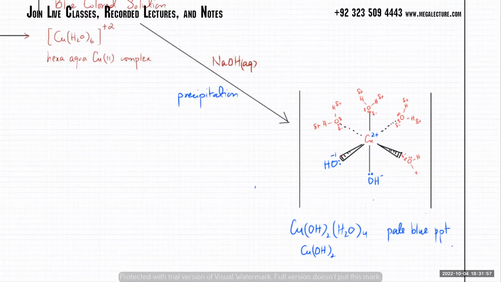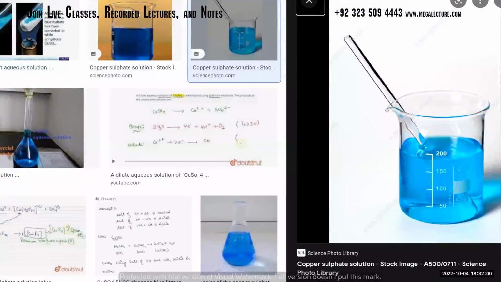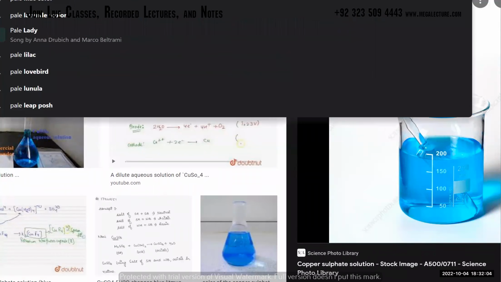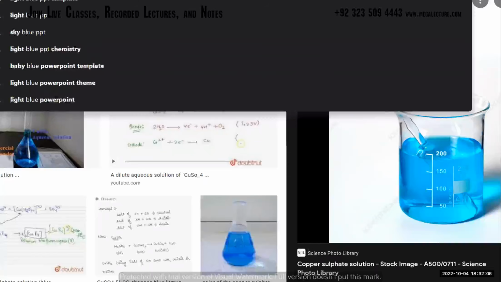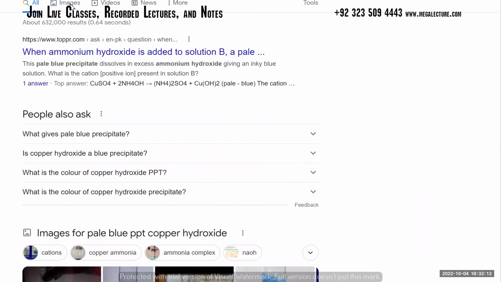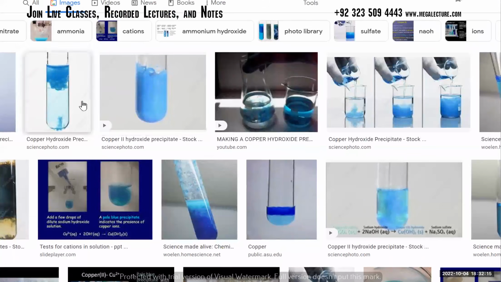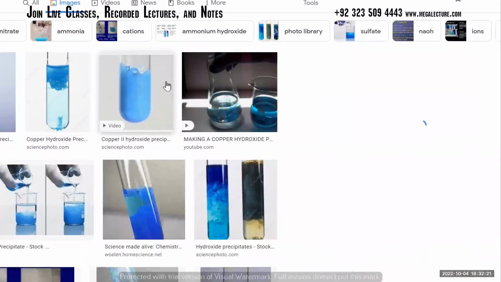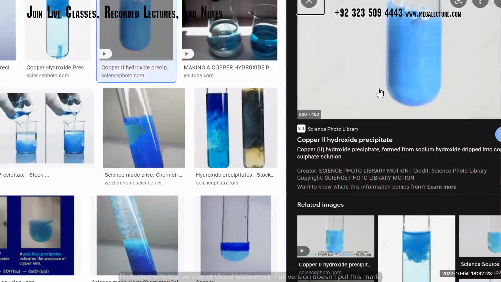Let me show you the color of this as well. This is what your pale blue precipitate of copper hydroxide would kind of look like.